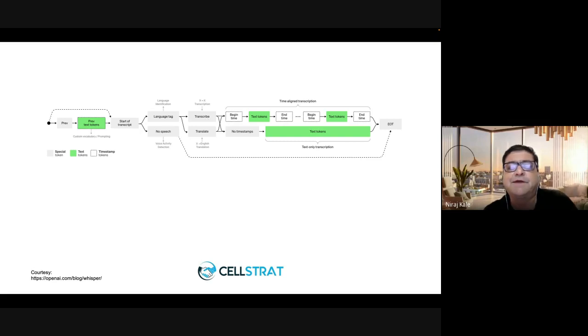It gives the output as beginning of time, text token, and end of time. So this gives time-aligned transcriptions, so we get appropriate time for each output that is being transcribed. For translate, it doesn't give the timestamp. If it is a non-English language, it will translate to English and give the text output.